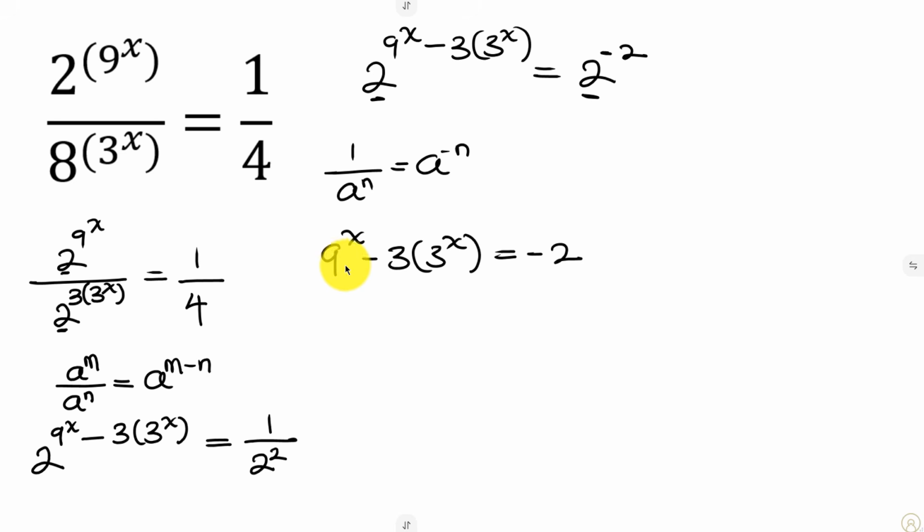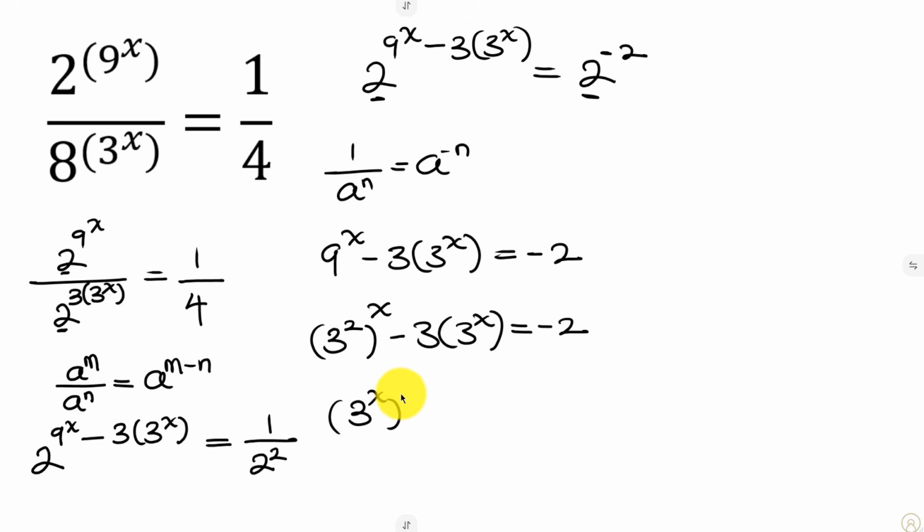And then simplifying further, 9 is same as 3 squared, and this is raised to the power of x minus 3 times 3 to the power of x, and this is equal to negative 2. Very good. Now this expression can also be written as 3 to the power of x raised to power 2 by switching their positions, minus 3 times 3 to power x.